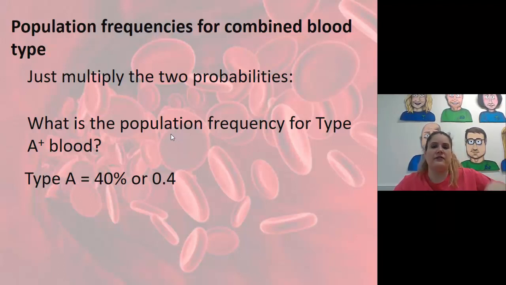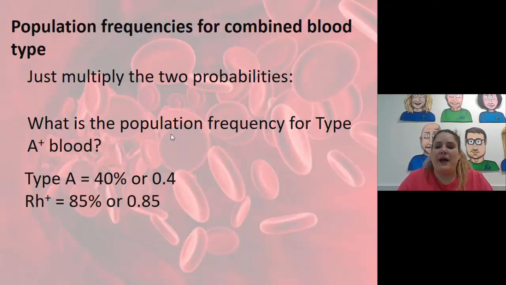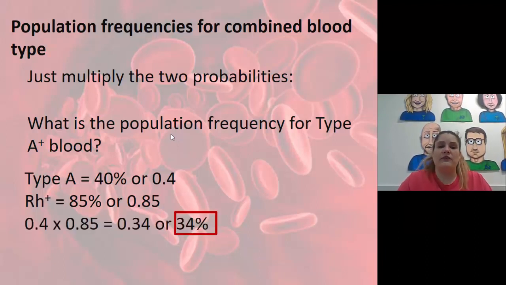The population frequency for RH positive blood is 85%, which is 0.85. Then you just multiply them. So 0.4 times 0.85 gives you 0.34. And do the percent thing, 34%. So that means 34% of the population has type A positive blood.